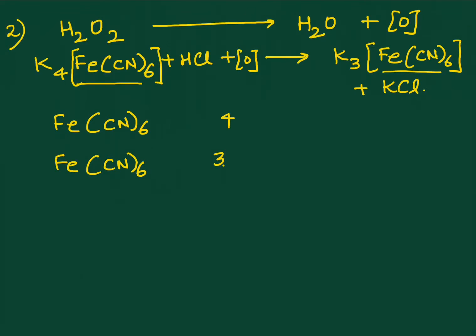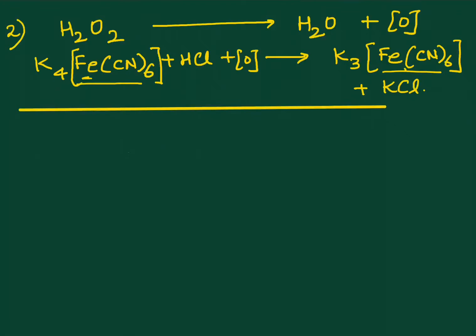So you see the symbol is the same for both of them. It is the oxidation state of iron which is different in the 2 ions. Now that I have given you the partial equations, write down the final equation for this reaction yourself. Try it yourself in order to build confidence in the topic. Go ahead.